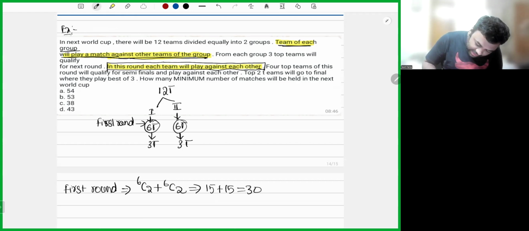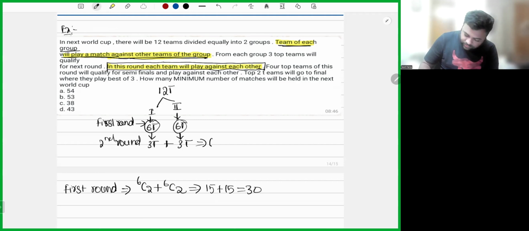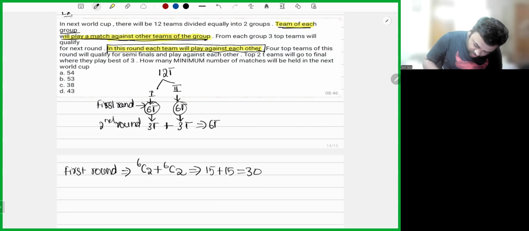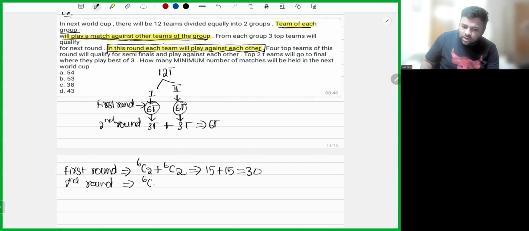But in the second round, what is happening? These three teams together, they'll form six teams and they'll play with each other. So in the second round, six teams will play with each other, which means we require two teams to play. 6C2 is 15. Okay, next.